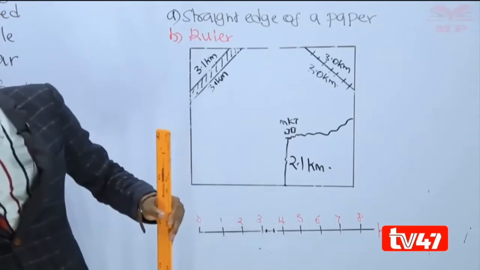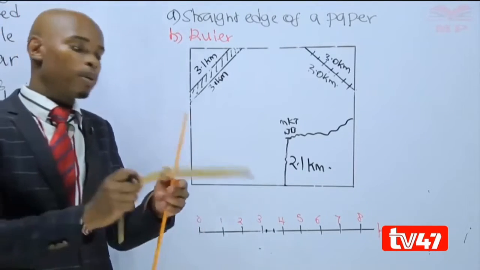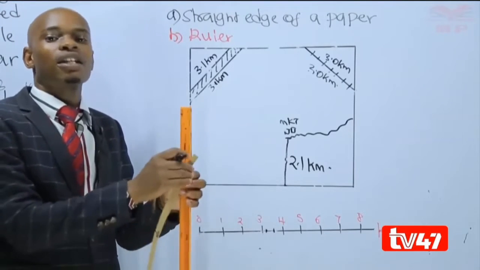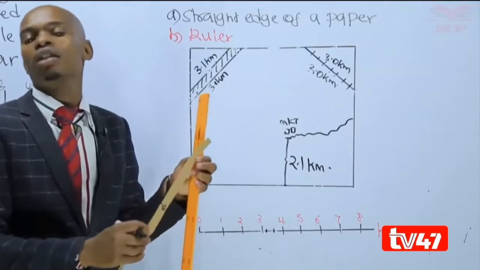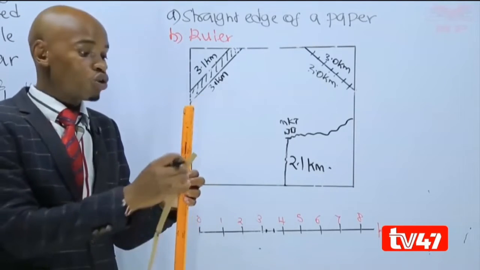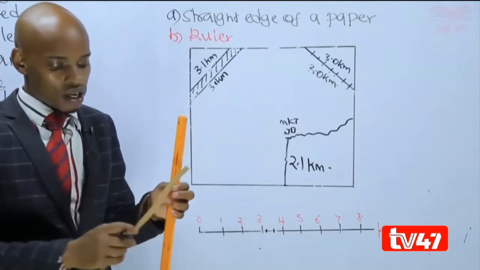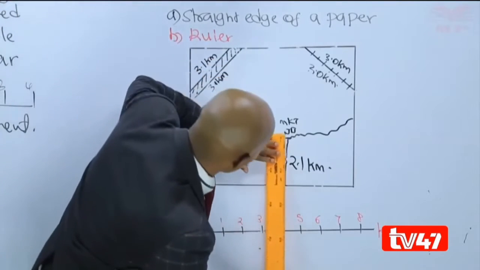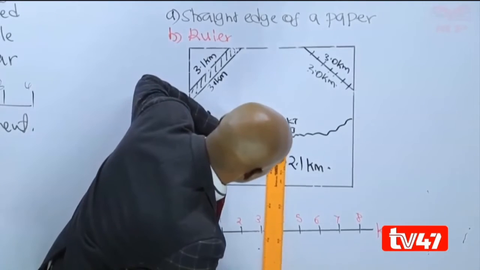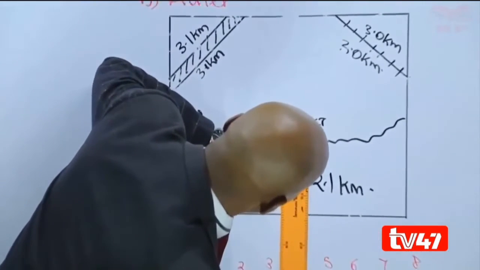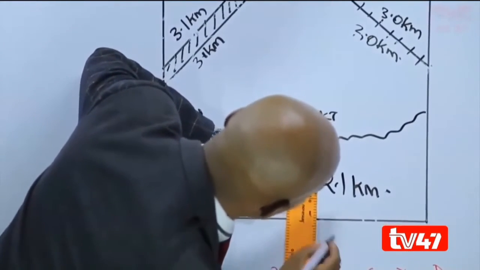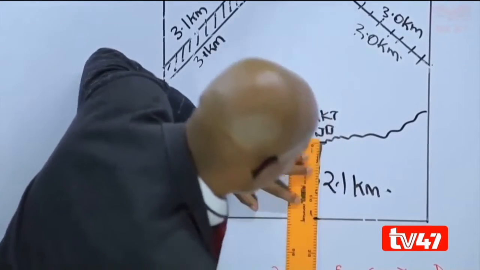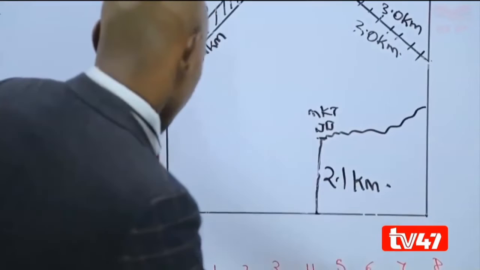The same applies when you are using a straight edge of a paper and you felt there was a mistake, make sure that the straight edge of a paper does not have any single marking, so that you don't get confused as to which point you marked. Using a ruler again, mark the distance required and make sure that you mark that one on the ruler so that you can translate those markings.